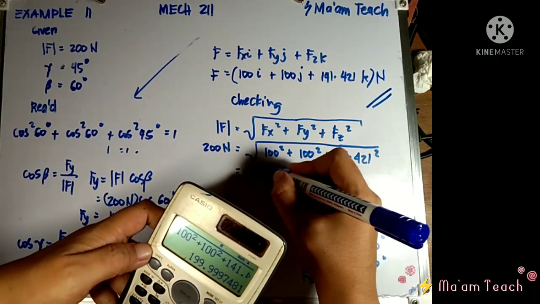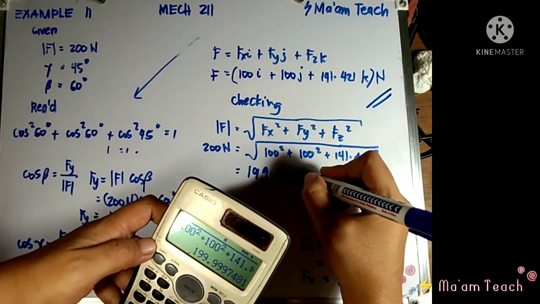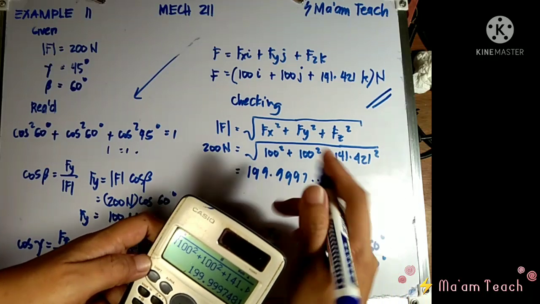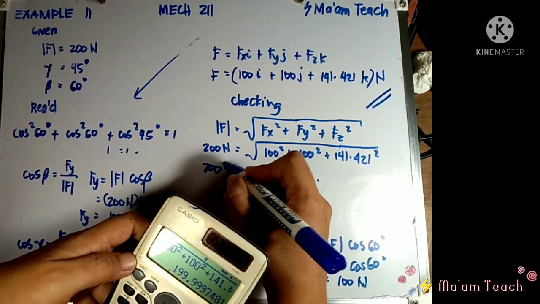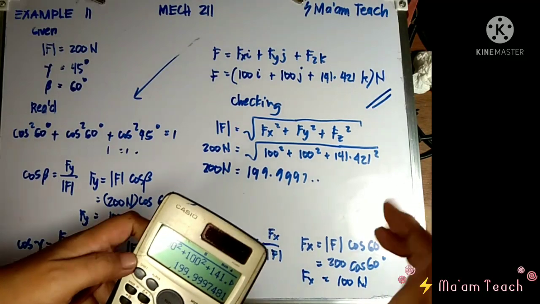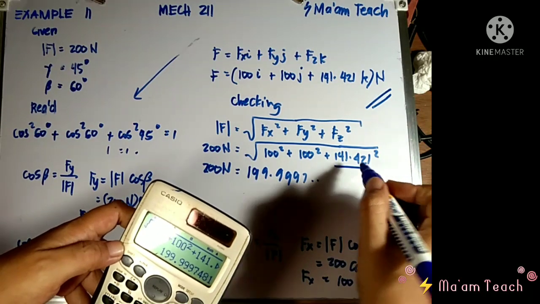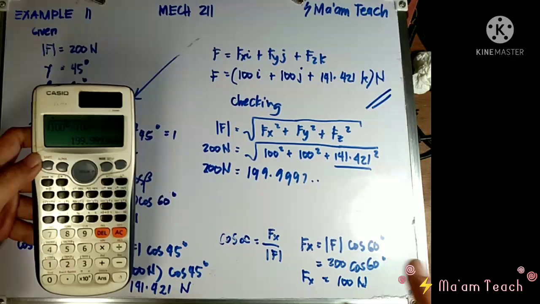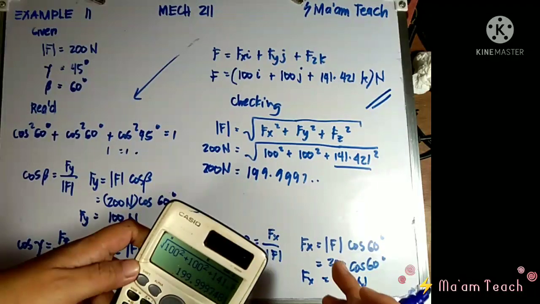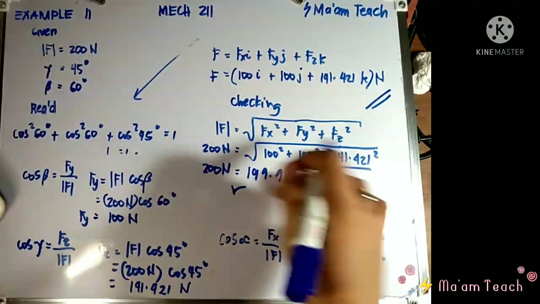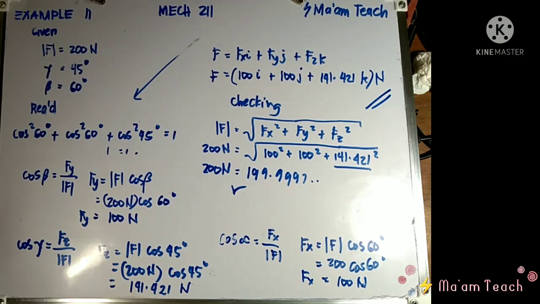There's a slight difference in decimal. Why, class? It's because we have rounded off in this part. But if we copy the whole value, we will come out with the same value here. So this is correct, class. Again, we just check if our solution is correct.